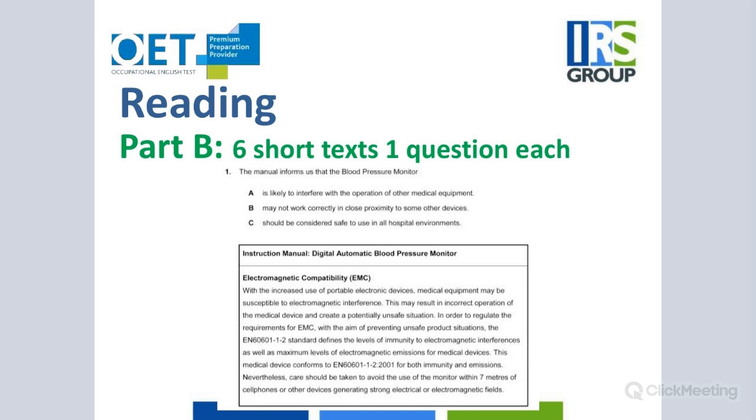Once part A is done, that is 15 minutes over, that text is taken by the examiner, and you'll be given another text which includes part B and C. In part B, like in listening, you will have 6 questions.